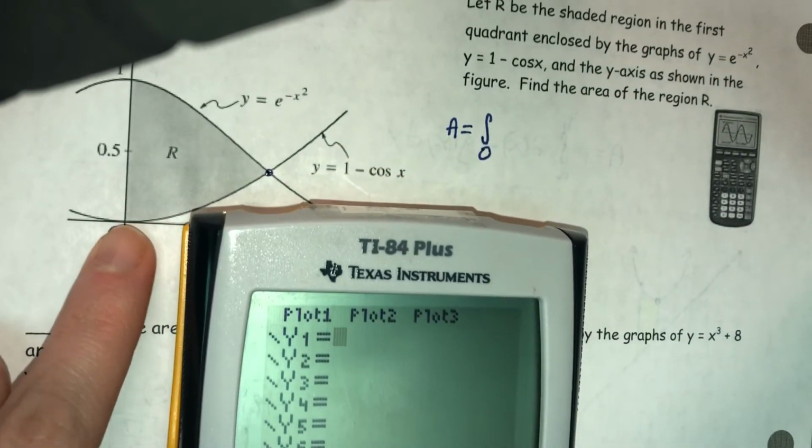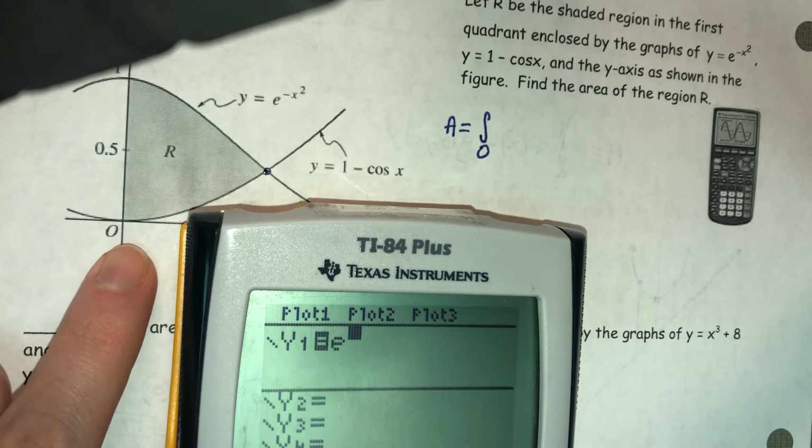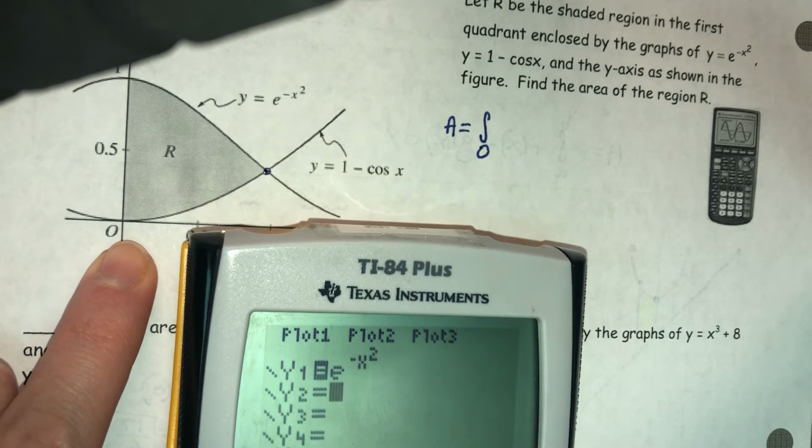So I'm going to go into y equals in my calculator and type in e to the power of negative x squared and 1 minus the cosine of x.